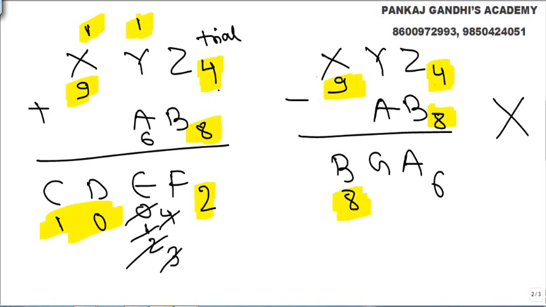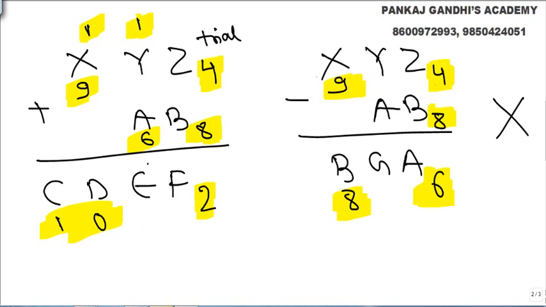Had we taken Z as 4, 14 minus 8 is 6, we would have got A as 6. If A comes out 6, put 6 here, 4 plus 8 is 12. Carry forward 1, 6 and 1 is 7. It cannot be 10, already D is this, 11, 12, already this is there.